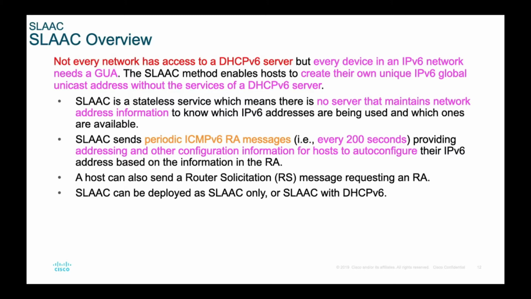So it can request by sending a router solicitation. Immediately, the router will reply with a router advertisement. And then the next 200 seconds, it will send again. Okay? Which means the 200 seconds will be reset every time it receives a router solicitation from a client.